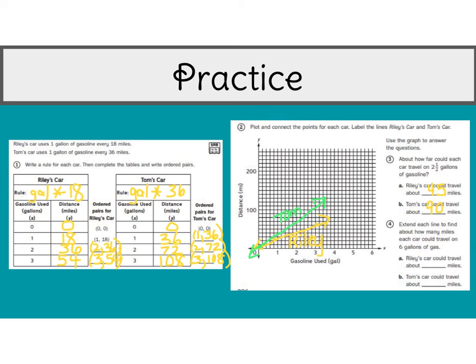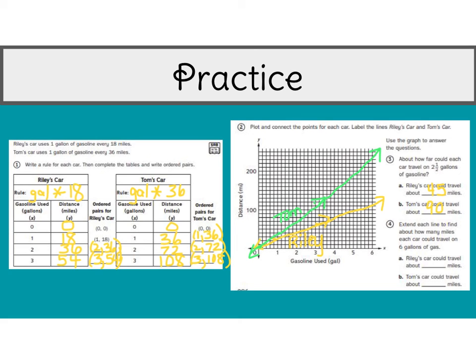So remember, we only did 3 gallons, so we're doubling that. So we're going to take our lines and extend them to 6. So most likely it's going to follow that same trajectory. And then we would do the same with the green to get to 6.